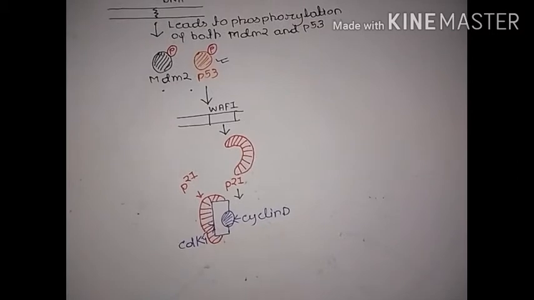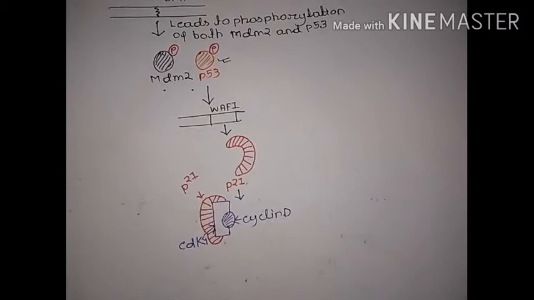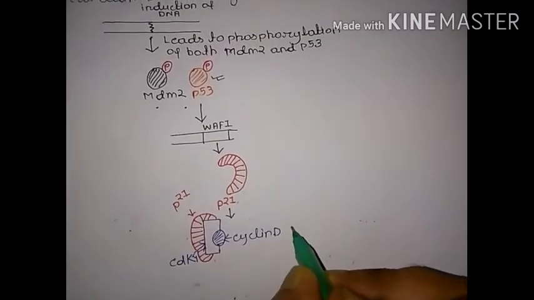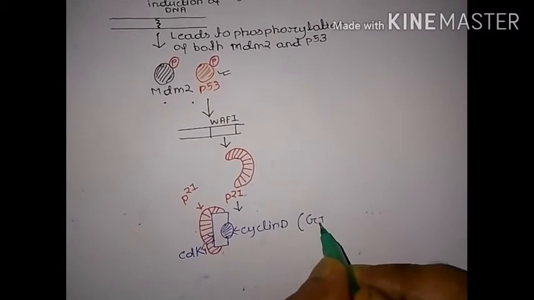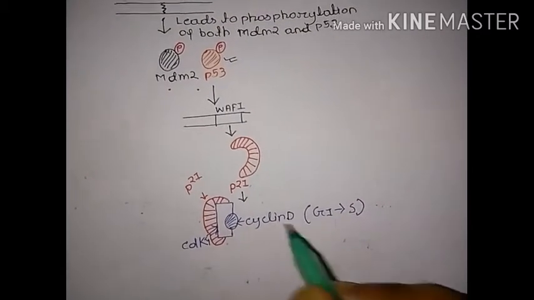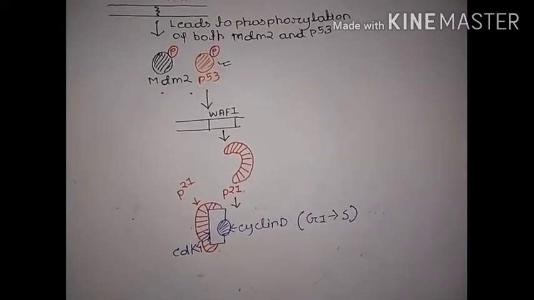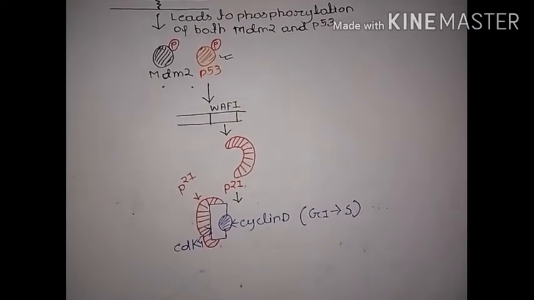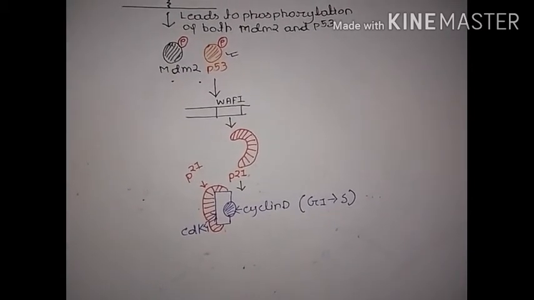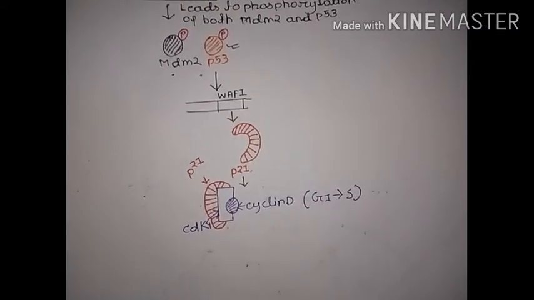Cyclin D CDK4 and Cyclin E CDK2 help in the progression of the cell from G1 to S. Cyclin D and CDK4 help in the phosphorylation of pRB. Now the phosphorylated form of pRB does not bind with E2F, and E2F is also a transcription factor that helps in the progression of a cell from G1 to S phase, and ultimately initiation of replication occurs.